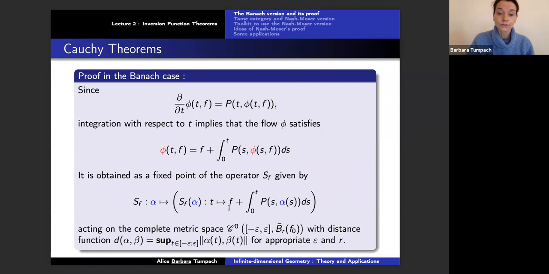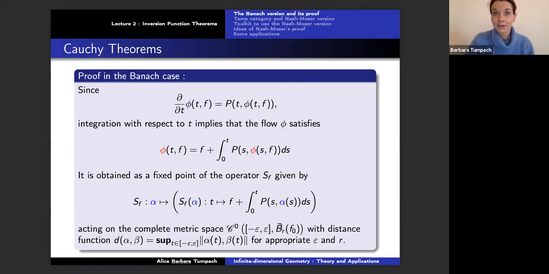So now we want to find a space where this operator S_f acts like a contraction in order to use the contraction theorem. And the contraction theorem will give us a fixed point of this operator. So now the metric space we are using is a space of continuous maps from a closed interval minus epsilon to epsilon, with values in some ball.